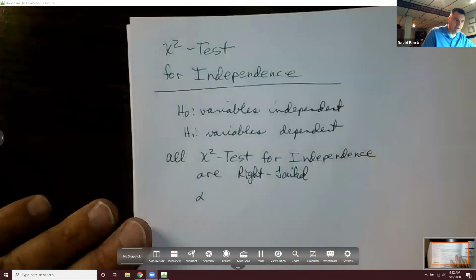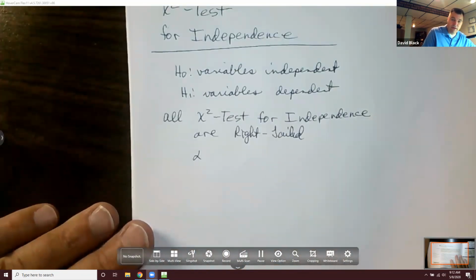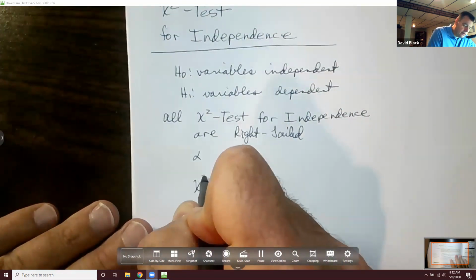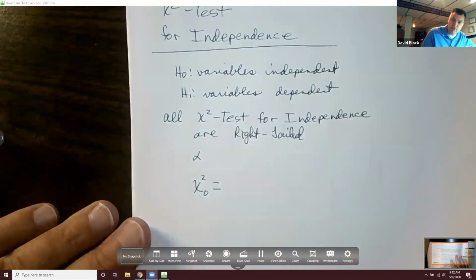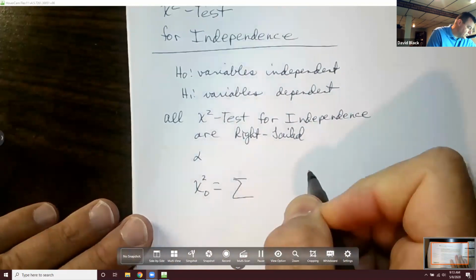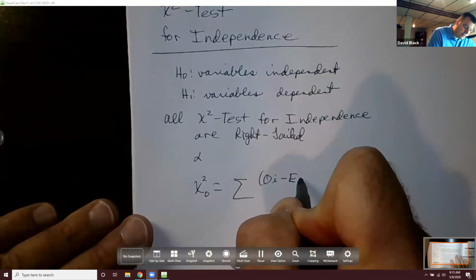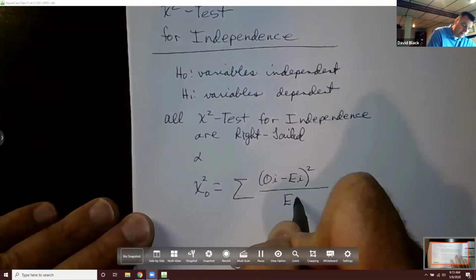Step two is alpha, which they'll give us. If we were doing our own test, we'd have to set that ourselves. The test variable uses the same formula that we saw on our chi-squared goodness of fit test. It goes like this: the summation of (O sub i minus E sub i) squared over E sub i.